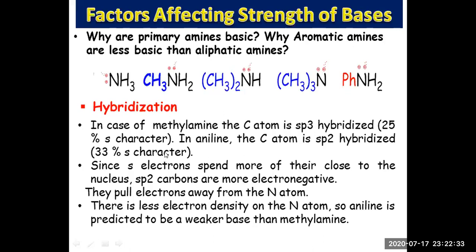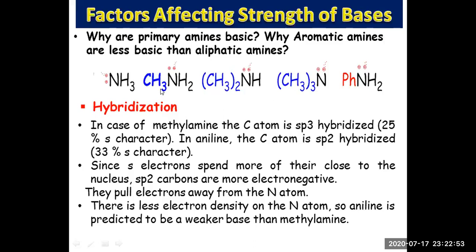As the percentage of s character increases, the electron withdrawing capacity of that particular carbon increases, or we'll say that sp2 carbon is more electronegative as compared to sp3 carbon. Because it is more electronegative, the pair of electrons on nitrogen is more pulled by that carbon.